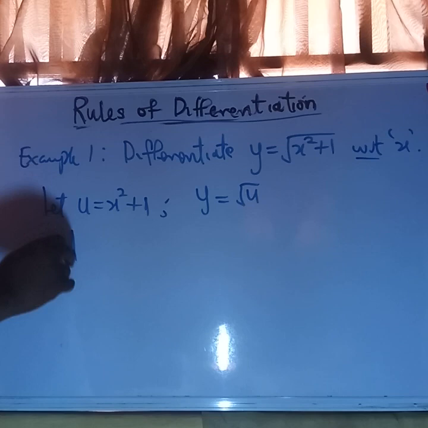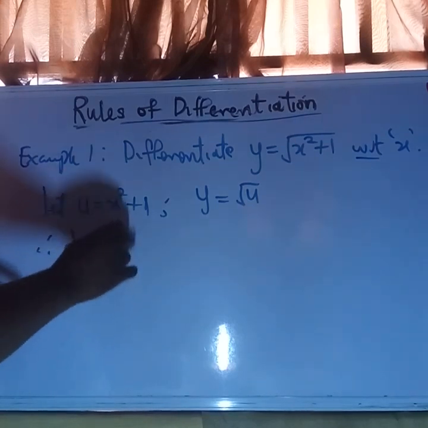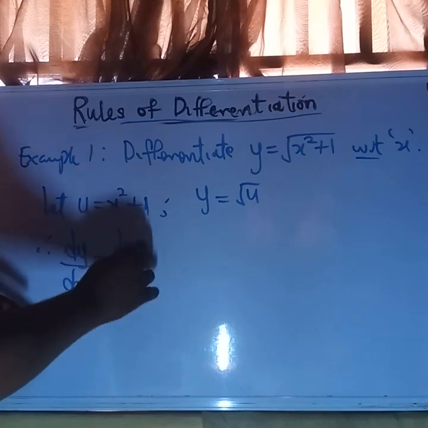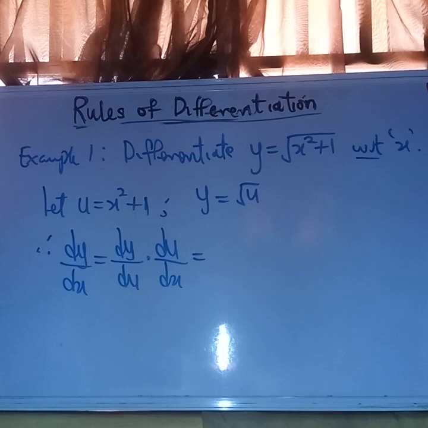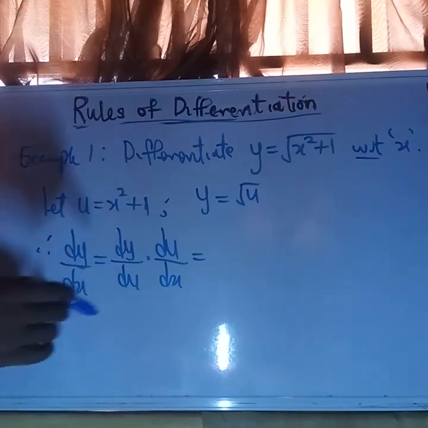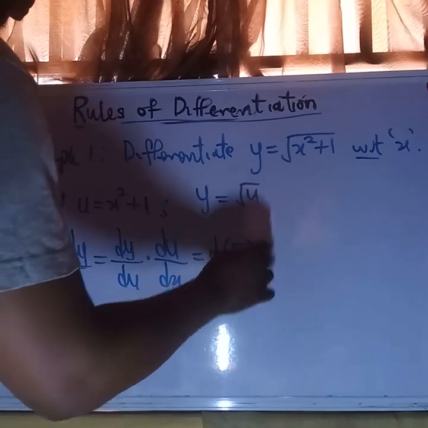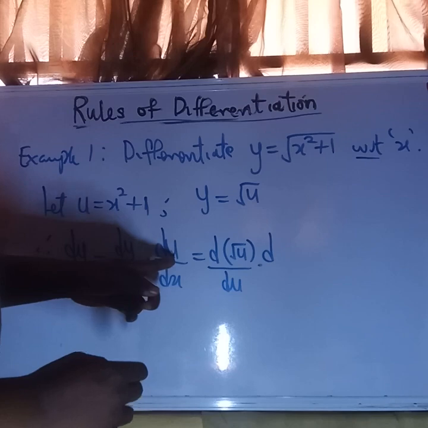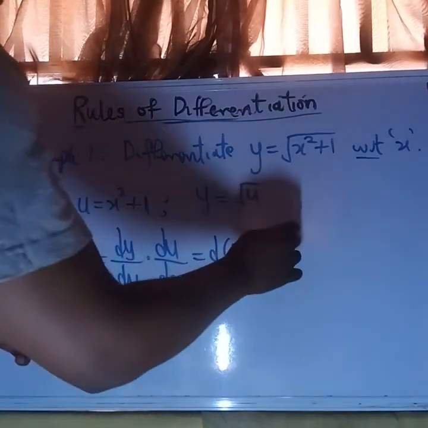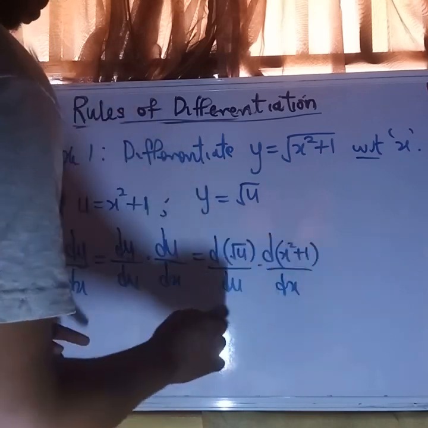Therefore, from the formula, dy dx is dy du multiplied by du dx. Accordingly, when we substitute the terms above, this is the derivative of square root of u with respect to u, multiplied by the derivative of x squared plus 1 with respect to x.